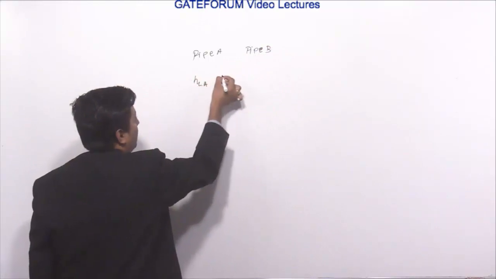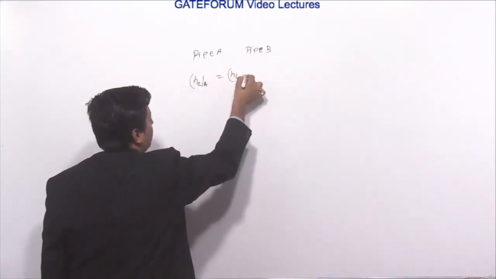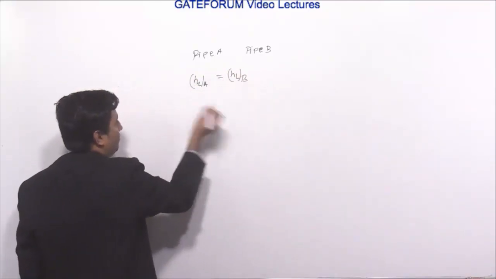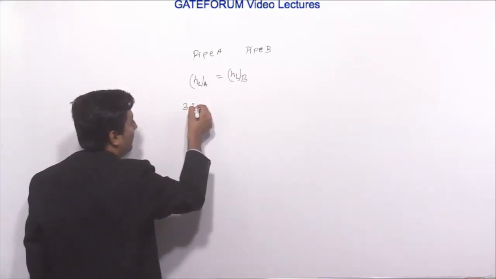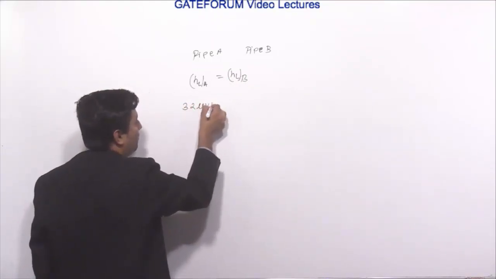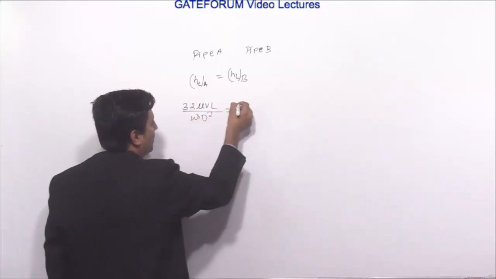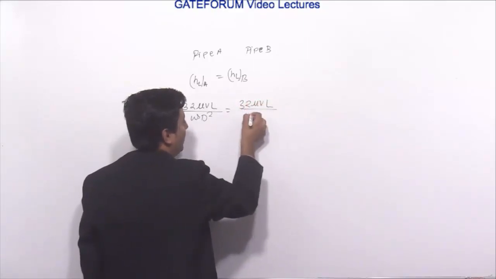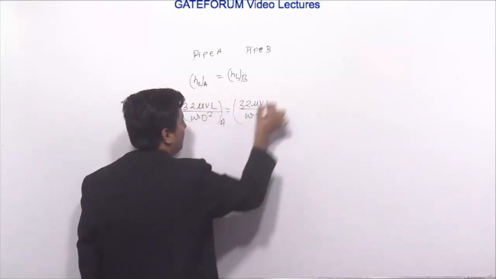Head loss at pipe A will be equal to head loss at pipe B. That is head loss by the Hagen-Poiseuille equation for fully developed laminar flow, that is 32 mu VL divided by rho g D square, in pipe A, equal to 32 mu VL divided by rho g D square in pipe B.